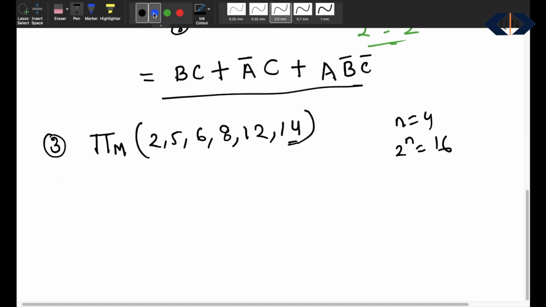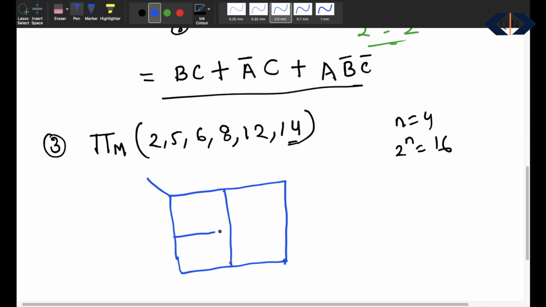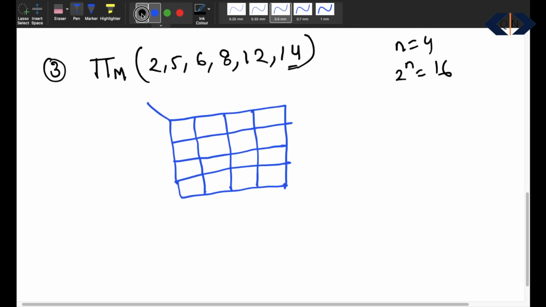So let's start drawing those boxes, and it will be equivalent to this. Let's draw all the 16 boxes. Okay, so all 16 boxes are drawn. Let's write the code.